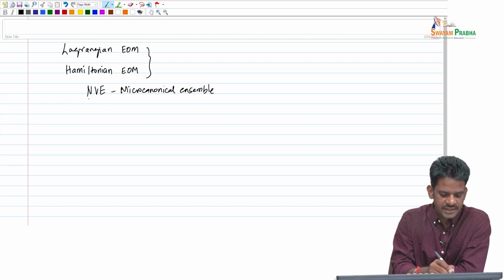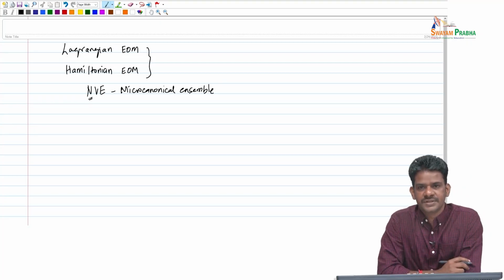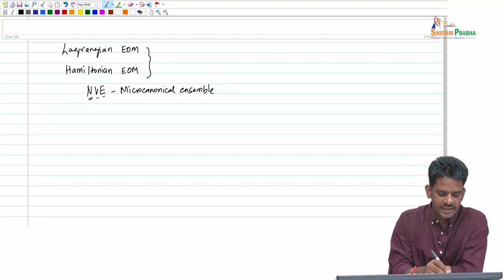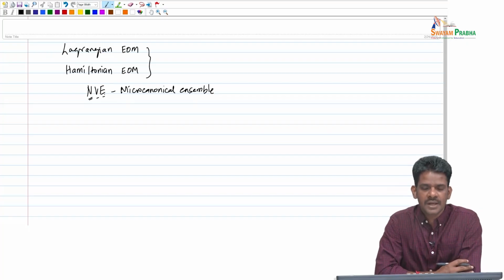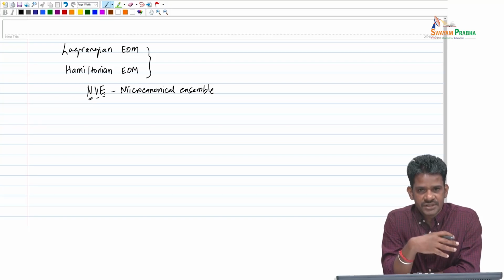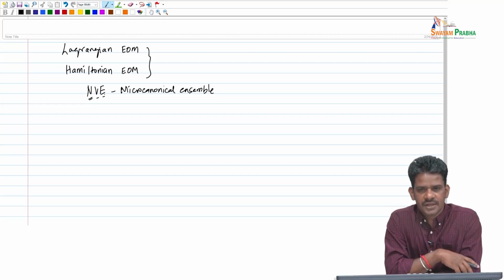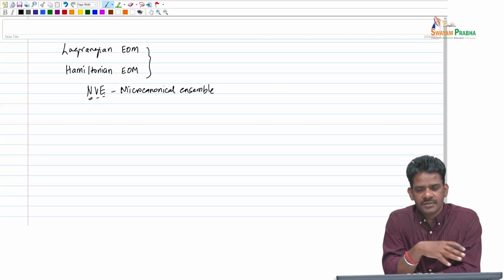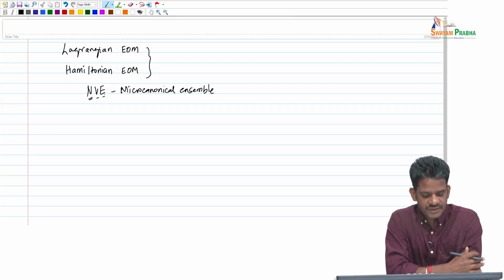So, we know already that this number is conserved, and then this volume and energy are also fixed, and we want to generate trajectories by keeping number, volume, and energy constant. If we can generate such a constant energy trajectory, we can use statistical mechanics to obtain equilibrium properties and time correlation functions.